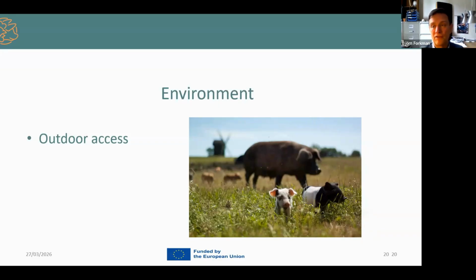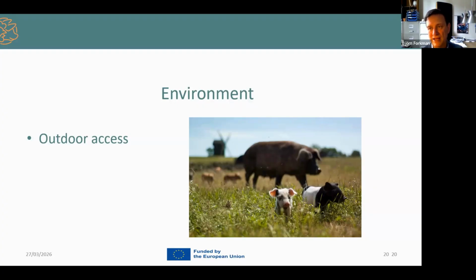One measure of animal welfare, which is incredibly important for the public, perhaps less so for the scientists working in animal welfare, is outdoor access. So this kind of idyllic picture that you can see here, that's typically something which is used to sell pig meat.